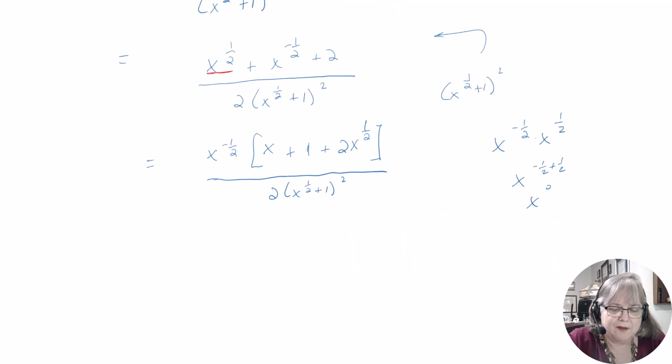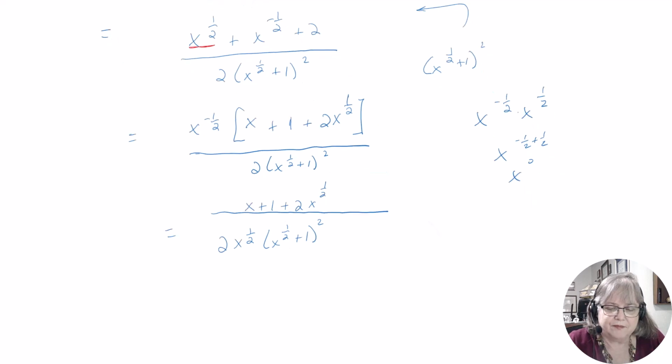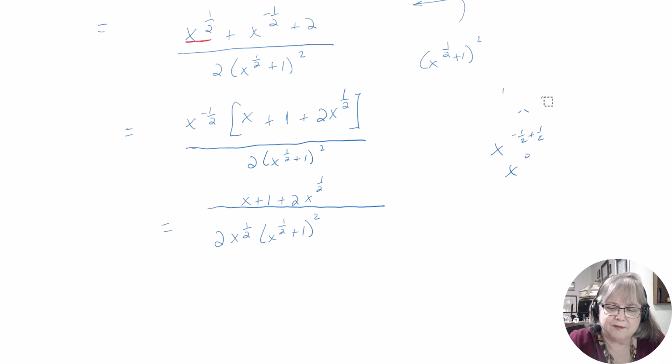Okay. So I can move this negative exponent down here. Here's my 2. Here's my x to the 1/2 plus 1 squared. And here's x plus 1 plus 2 x to the 1/2. Okay.